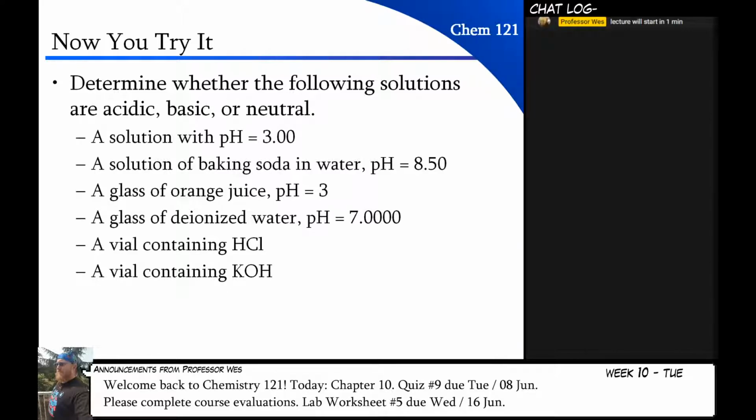All right, so we know that anything with pH below 7 is acidic. So we can just label acidic, acidic. We also know that anything containing a molecule that splits into H plus and something else would be acidic as well.